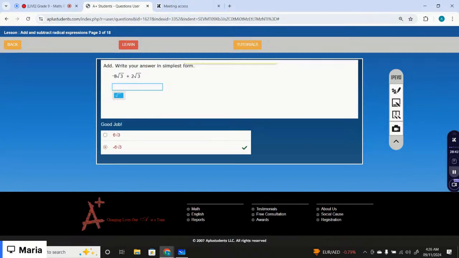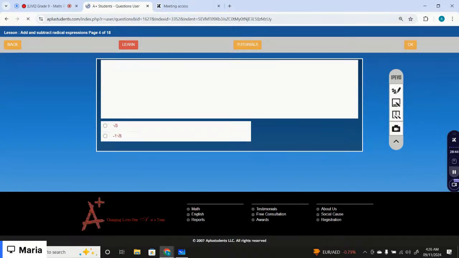Option number 2 is the correct option. 5 square root 5 minus 4 square root 5.